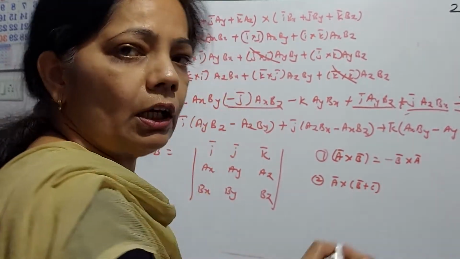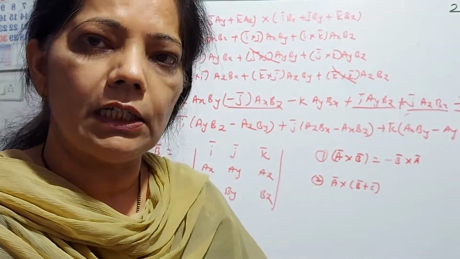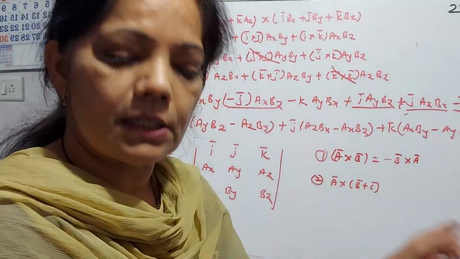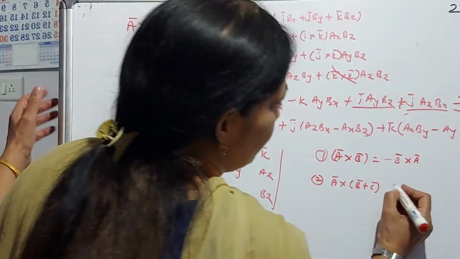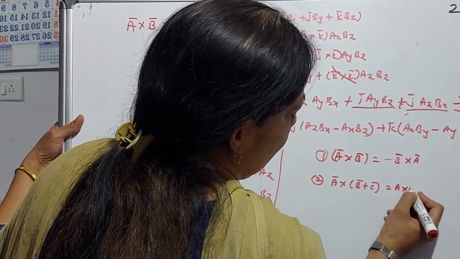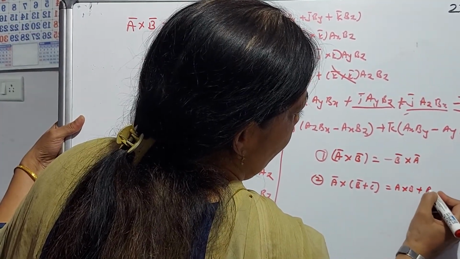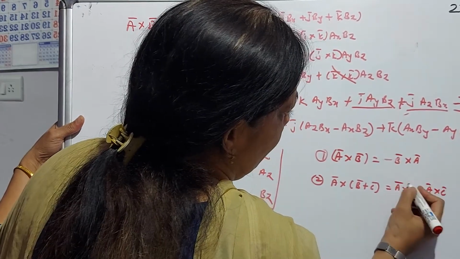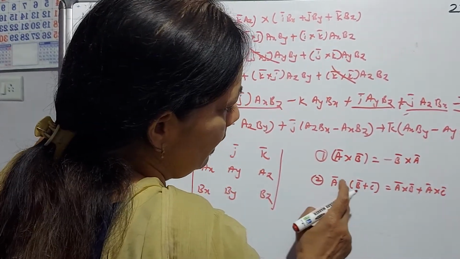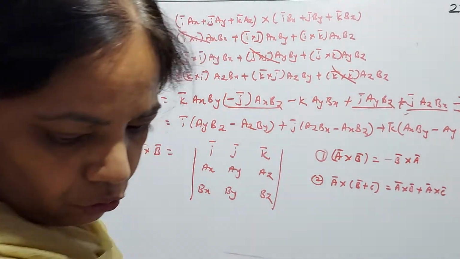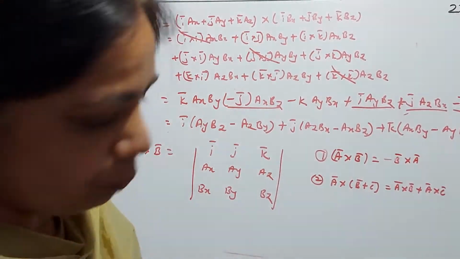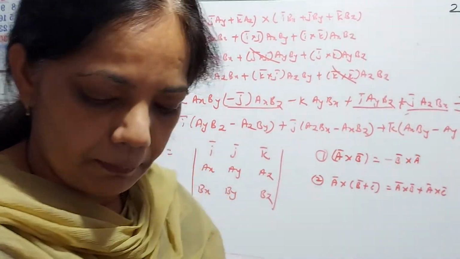Here suppose I have three vectors, a, b and c, and the vector product with b plus c gives a cross b plus a cross c. First a with product with b and then with product with c. This is called what? The vector product of two vectors obeys the distributive law of multiplication.